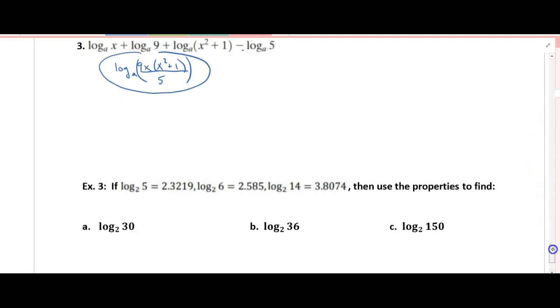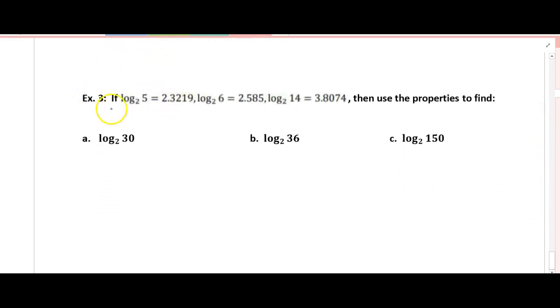Okay? Now when we look at this third example here, it says if log base 2 of 5 equals this, log base 2 of 6 equals this, log base 2 of 14 equals this. If I wanted to evaluate this, if I look at 5, 6, and 14, can I break 30 up into a quotient or product of any of these numbers? And I could actually break this up into log base 2 of 6 times 5. Now if I do that, now I can say that that's log base 2 of 6 plus log base 2 of 5.